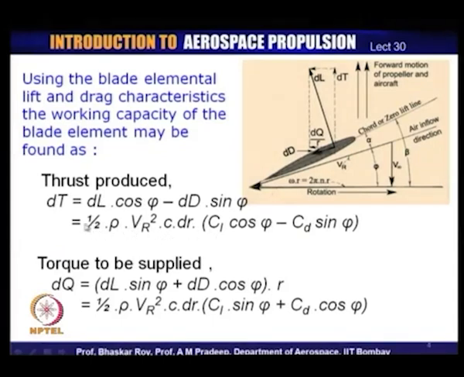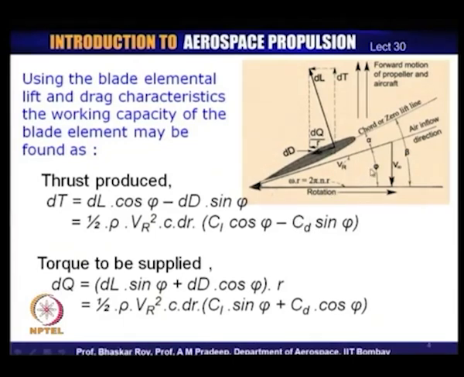The first part, that is half rho Vr square, is the dynamic head which is created, and CL is the characteristics of the propeller blade section. CD also is the characteristic of the propeller blade section under consideration.